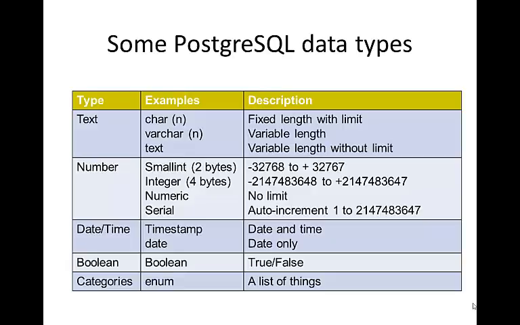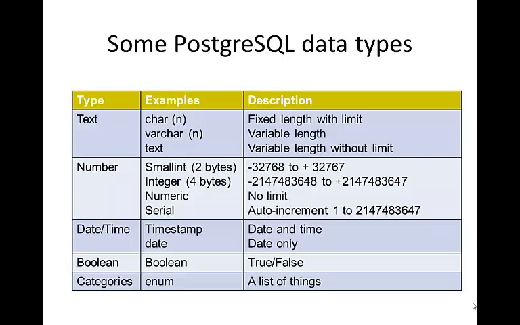Numbers, you've got small integers, which give you integers between minus 32,768 and plus 32,767. They only use 2 bytes on disk. Bits, bytes. Everybody happy with a bit and a byte? You can look them up. But basically, it's how many zeros and ones are used to store each bit of information.